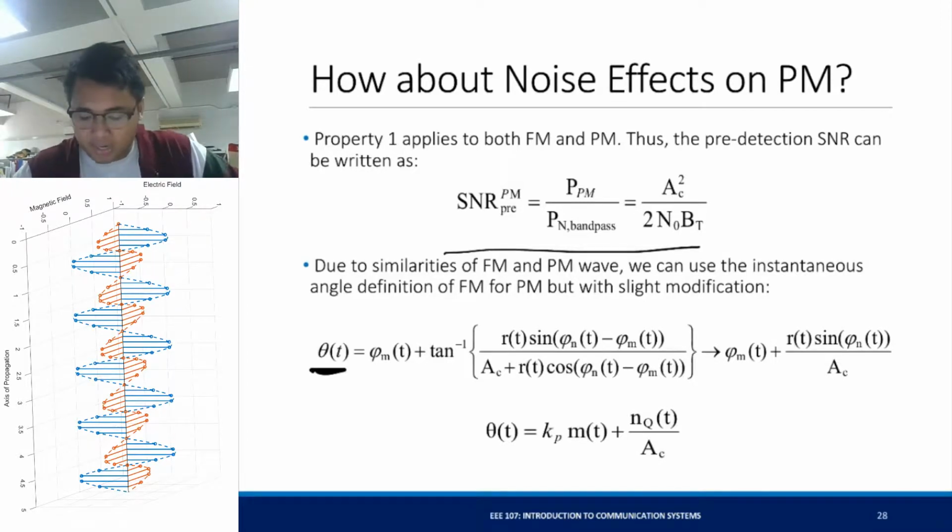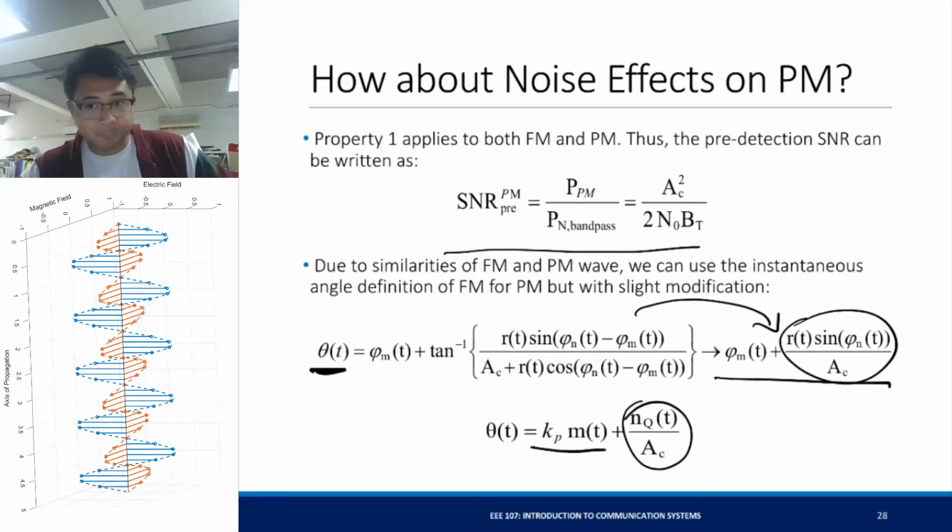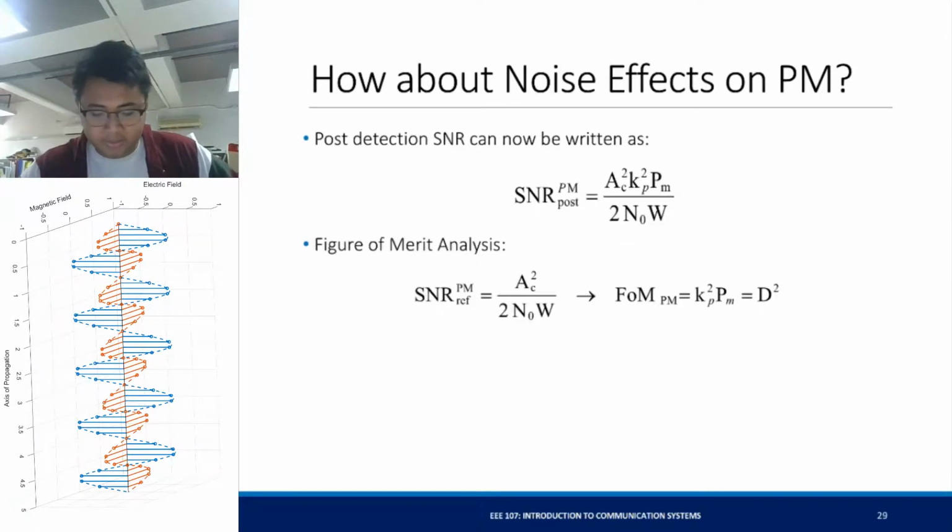At high SNR, your instantaneous angle will simplify into this expression. And this phi m of t is defined by the message signal. And this signal right here will just be equal to your quadrature noise divided by your carrier amplitude. So now we can solve for the post-detection SNR.